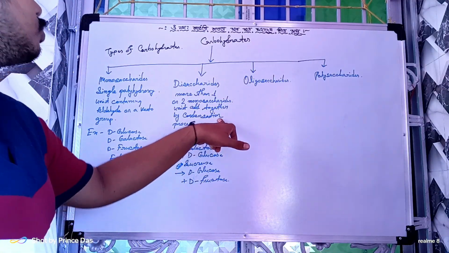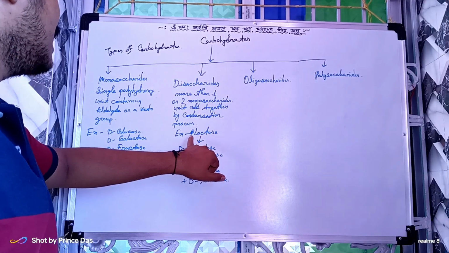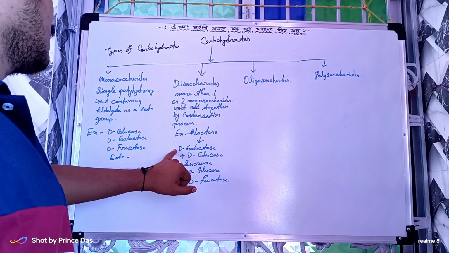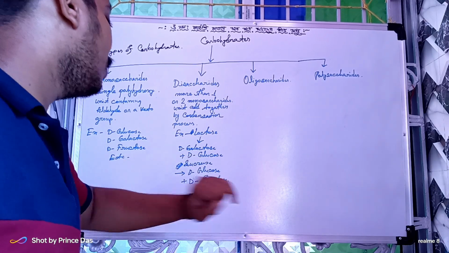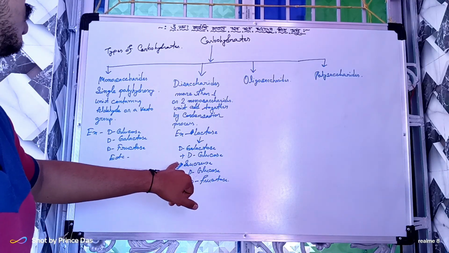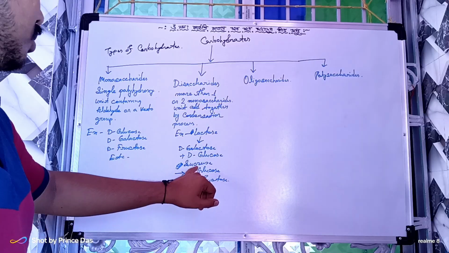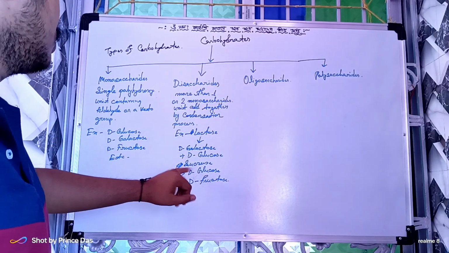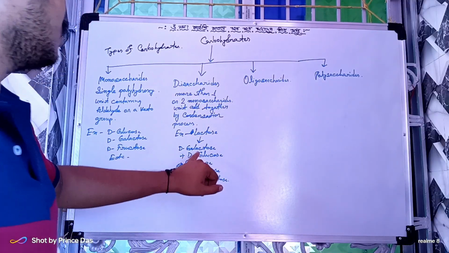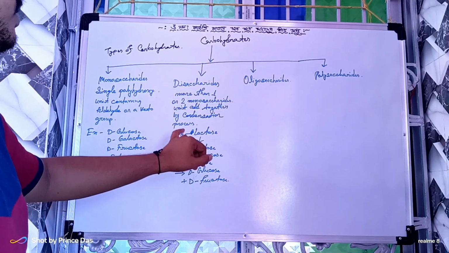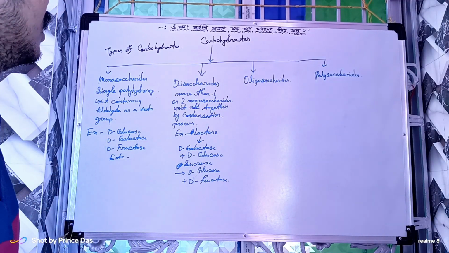D-glucose and D-fructose add to each other in the condensation process and make sucrose, so sucrose is a disaccharide. Lactose: D-glucose plus D-galactose add to each other and make lactose in the condensation process.